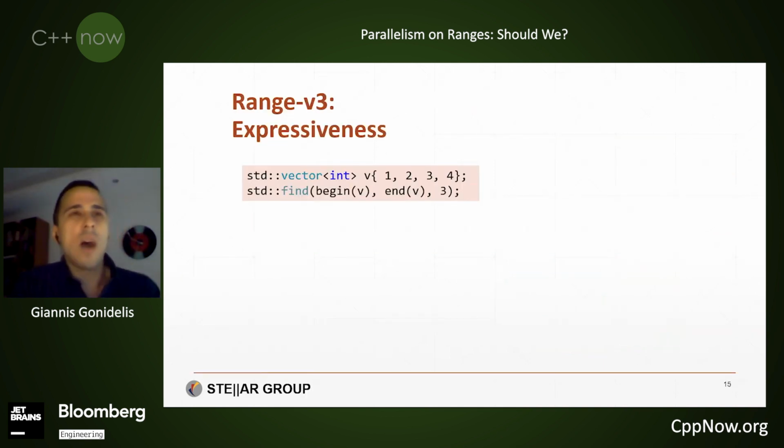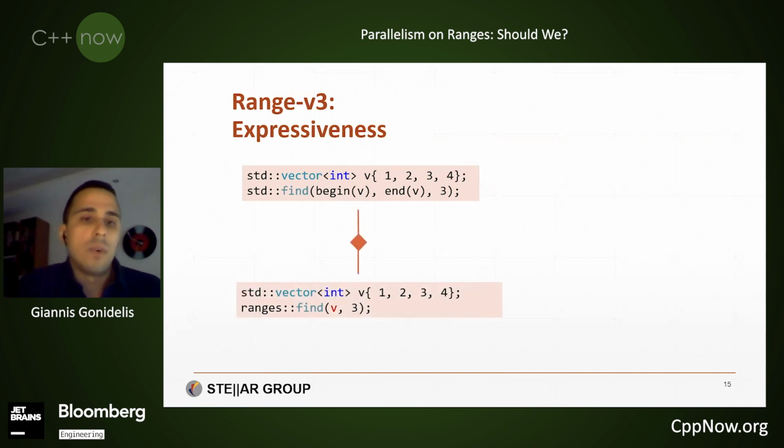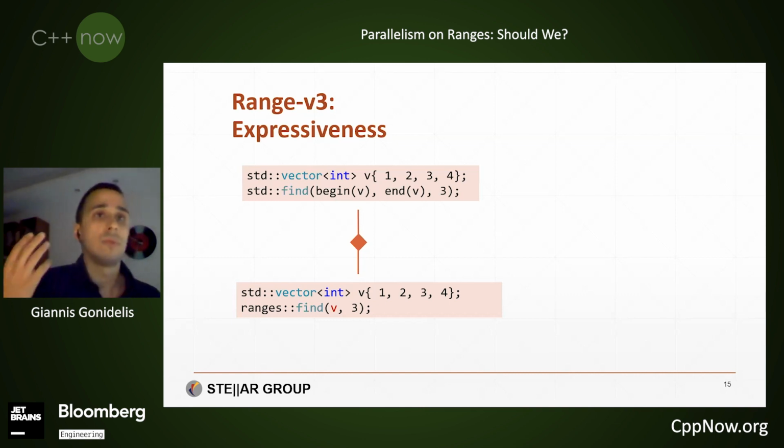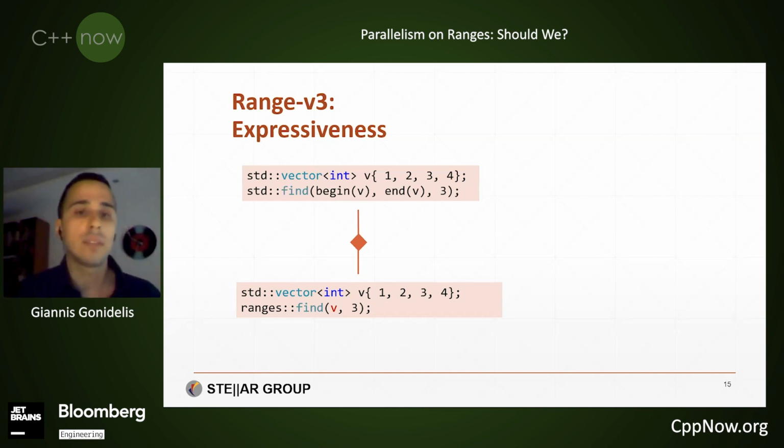Now, let's see how range v3 actually achieves expressiveness in our parallel algorithms. What you needed to do without range v3, when you were calling an algorithm, is that you were always asked to provide the begin and end iterator. So this is a simple find, but there are other algorithms, like copy or transform, that require more iterators to be used.